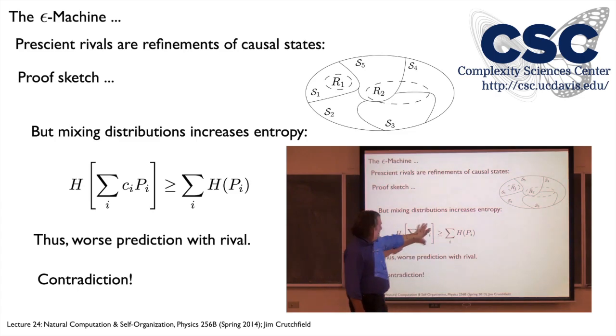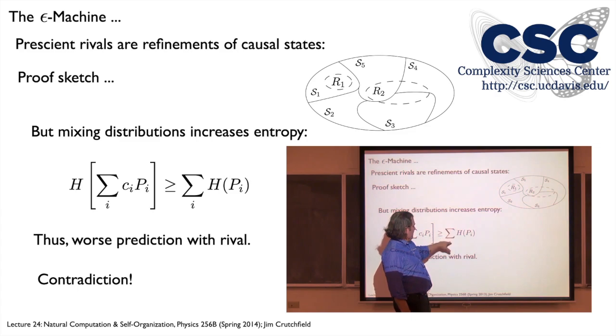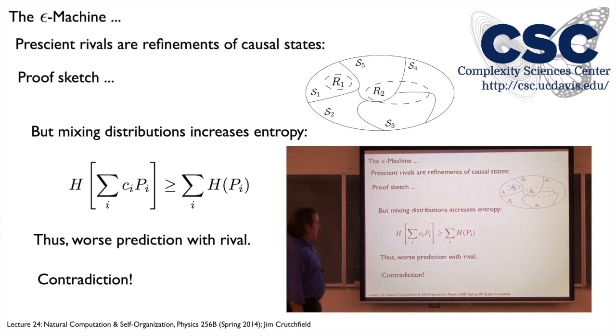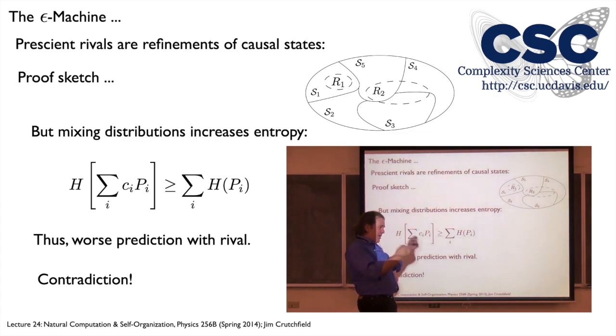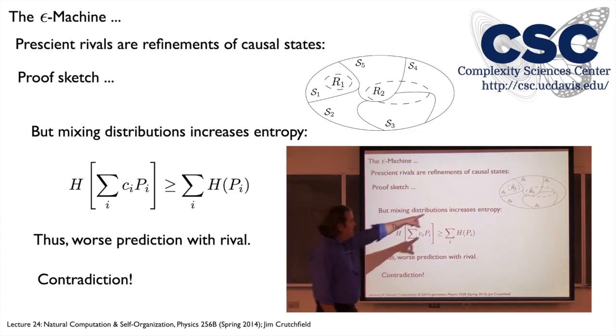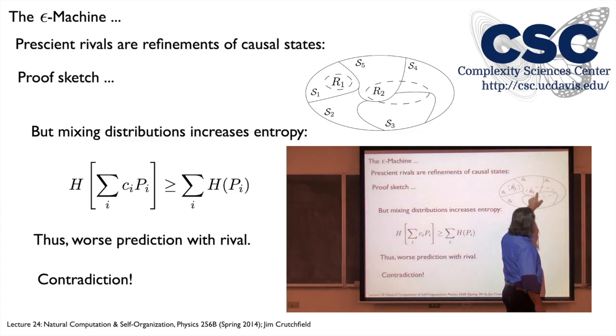The way you show this is a simple information identity: the entropy of a mixture of distributions is bounded below by the sum of the entropies of the individual distributions, p sub i. So you get worse predictions with the rival, which is a contradiction, because we started out assuming that we had prescient rivals that made the same predictions over the future, with the same uncertainty about the future. So that's a contradiction. Therefore, this second case can't happen. This case can, that's fine. They agree.